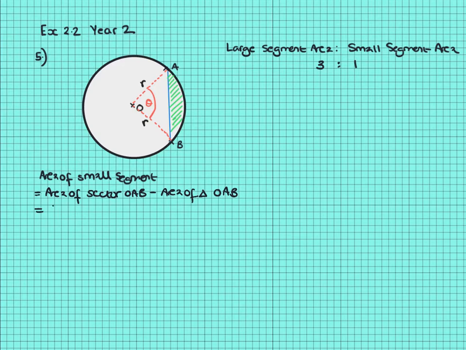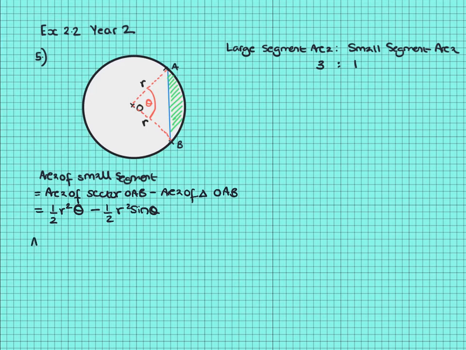So the area of the sector is a half r squared theta, and the area of triangle OAB is a half AB sine C, or a half r squared sine theta, using our area of a triangle formula. So that's the area of the small segment.